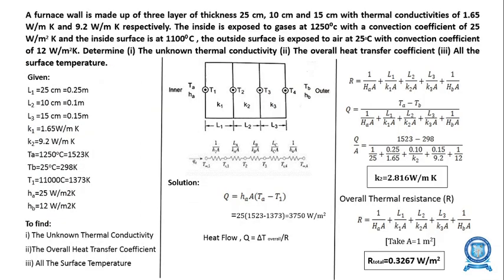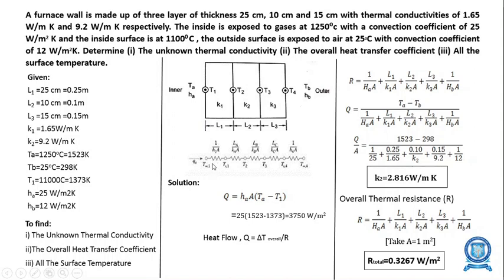This is very simple to understand. Look at the thermal network diagram. As we know the Q formula is delta T divided by R. Delta T is the temperature difference across the layer, and R the resistance. So considering the first convection, here the resistance is considered as RA.